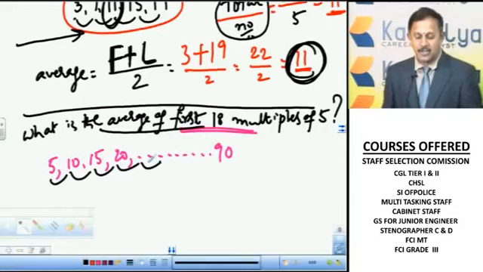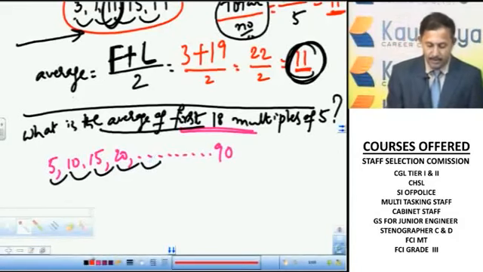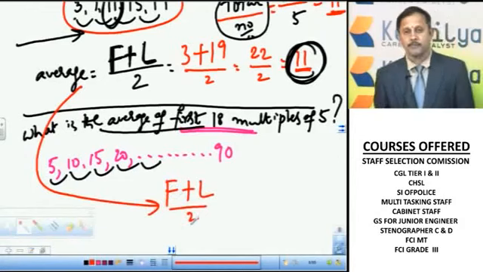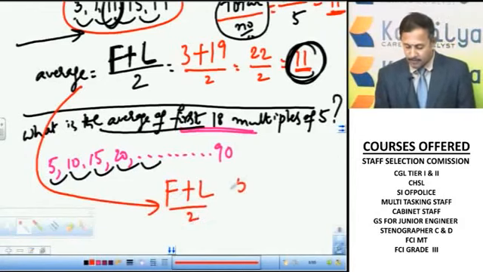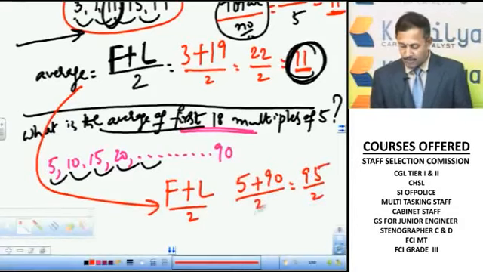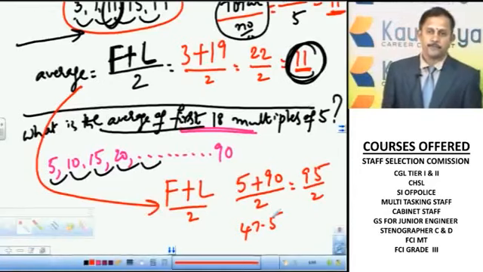So as we discussed earlier, if the difference between successive elements is constant, then their average is given by first number plus last number by 2. Here the first number is 5 and the last number is 90. So first number plus last number 95 by 2, or you can take 47.5 as the average of first 18 multiples of 5, right?